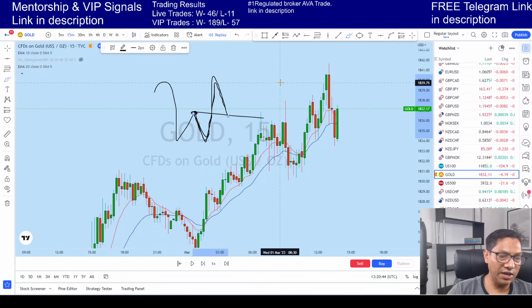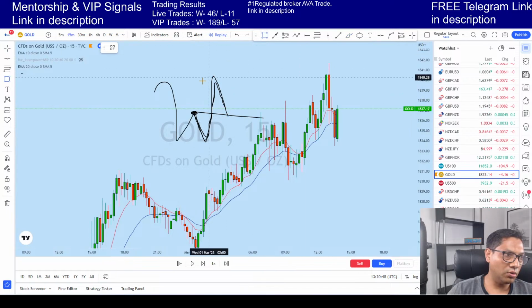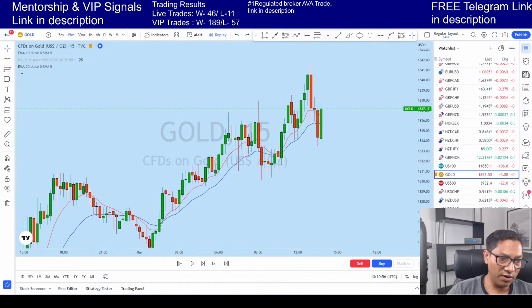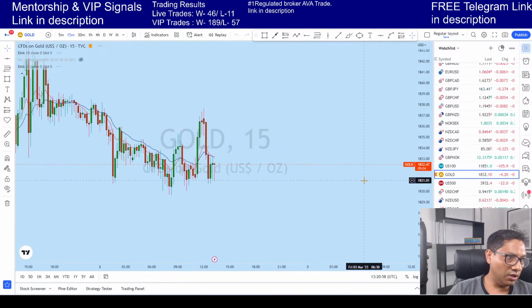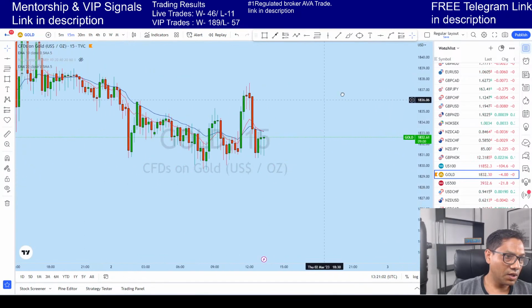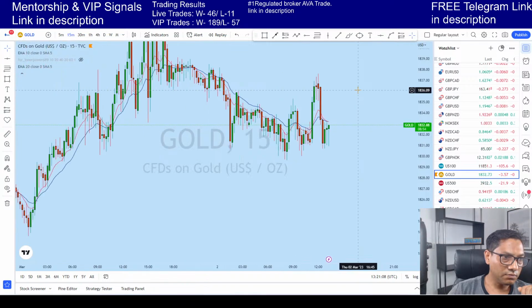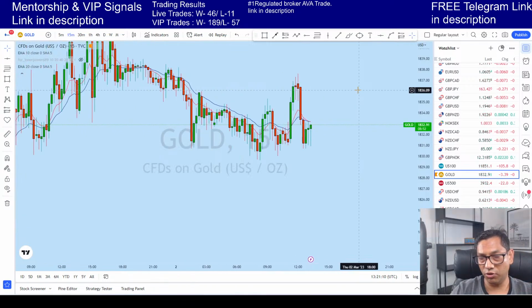Now that same level turned into a demand zone, and that is what's called the smart money concept. By understanding this, you know who the market movers are and how they are doing, and you just follow their footsteps. Trading is all about understanding how the big boys are doing and then following their footsteps. It's very important.